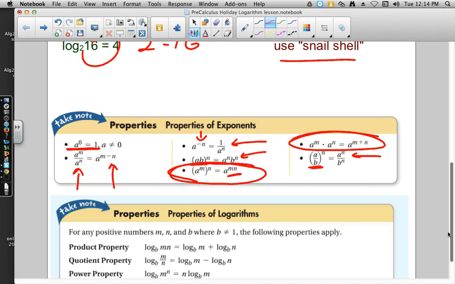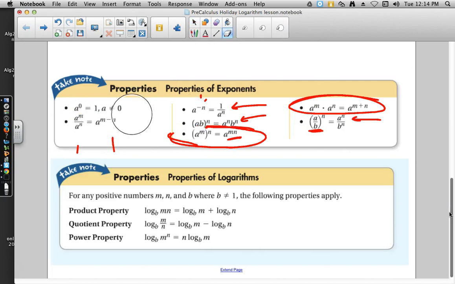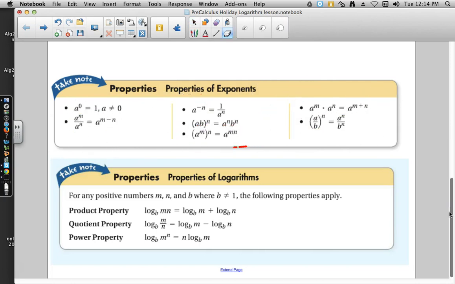So these were all properties of exponents that we reviewed in Chapter P, and you're going to notice so many similarities between the properties of exponents and the properties of logarithms. As we take a look at our properties of logarithms, which is for any positive numbers m and n and b, where b is not equal to 1, the following properties apply.